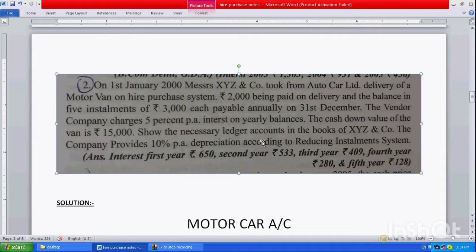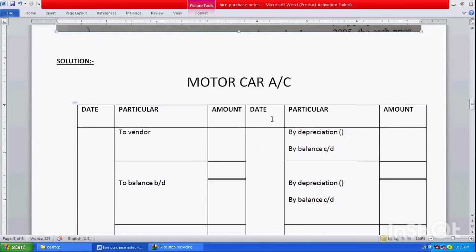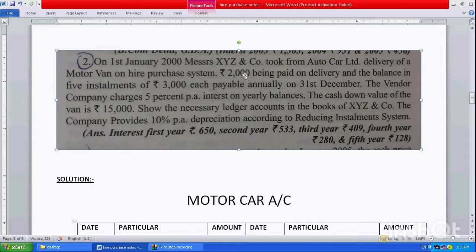The original cash price is 15,000, 2,000 is paid immediately, and 3,000 in 5 installments. Interest is 5% and depreciation is 10% per annum. First we have to calculate the motor car account for the purpose of depreciation. Remember, XYZ company is the purchasing company, so these are the general ledgers in the books of XYZ company.